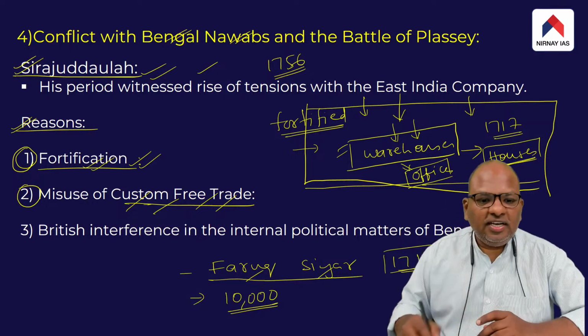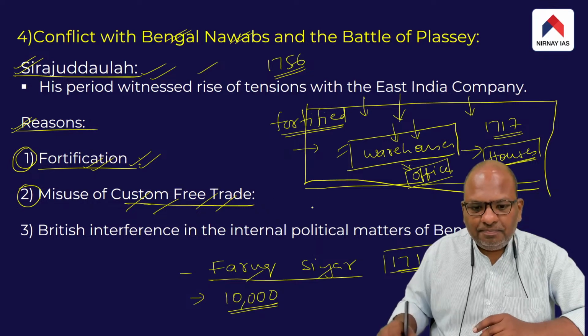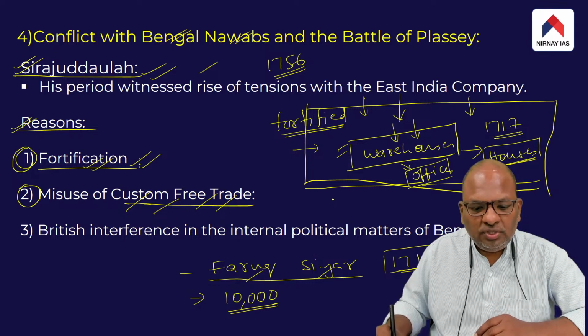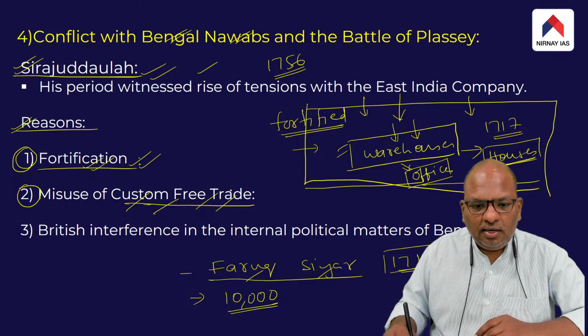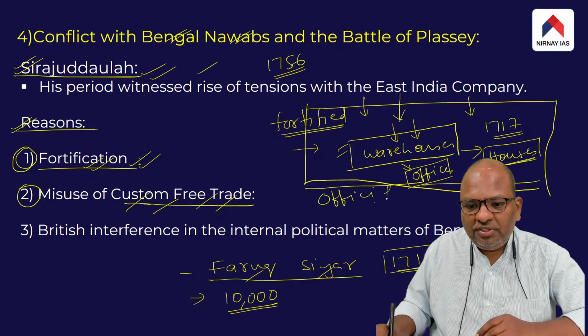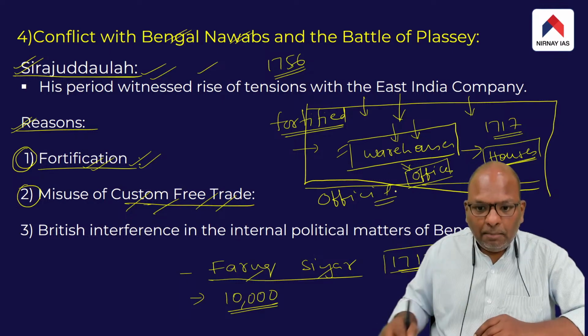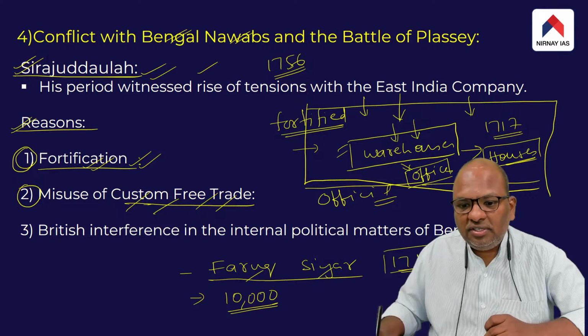How? Basically, the custom-free trade only covers the official trade of the East India Company, but not the private trade carried out by the employees of the East India Company.